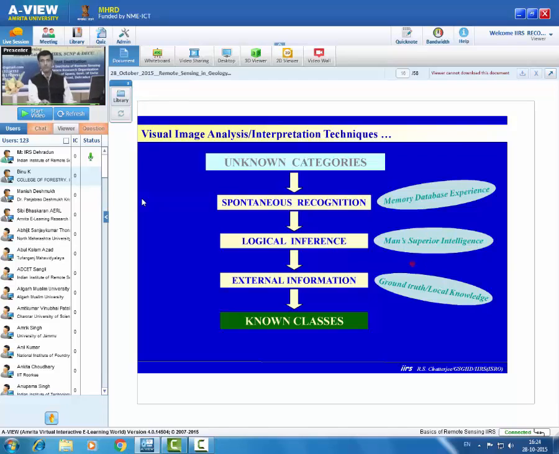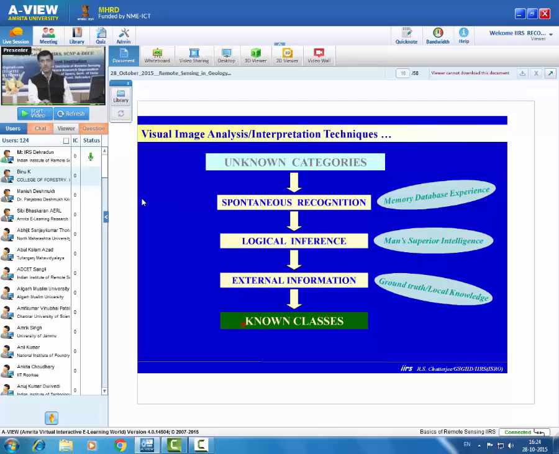So using those logical inferences, you can identify some of the objects, followed by ground truthing and local knowledge from the existing maps. Then you can visit this area and collect ground truth. Based on that, you compare what you are interpreting with what is actually there in the existing maps or in the ground truth.